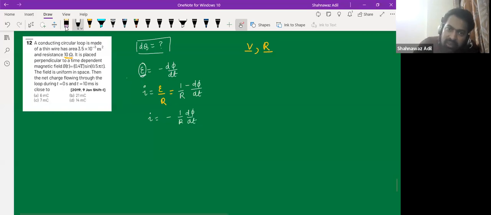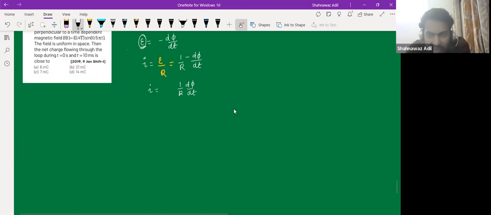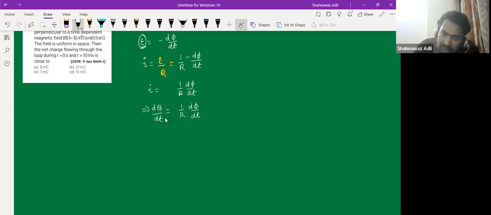Let's say that we forget about this part, so this would be I. What we did was that we calculated this I first and then calculated the charge. But that is wrong. We have to directly write here that this is dQ by dt, so that this dt and this dt will cancel out.